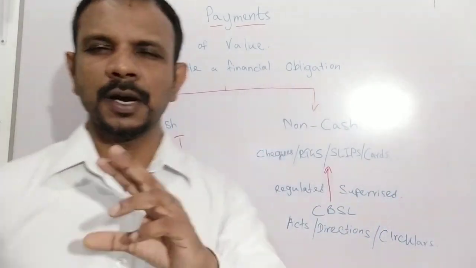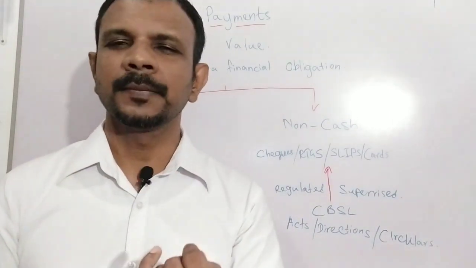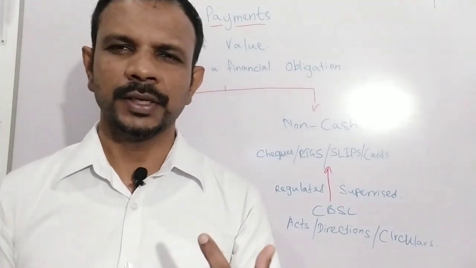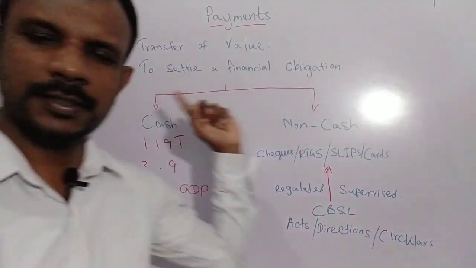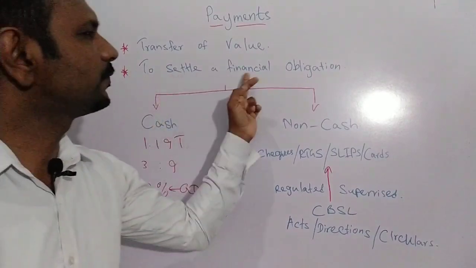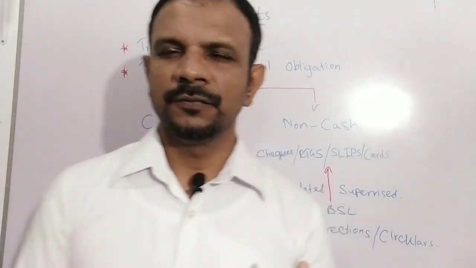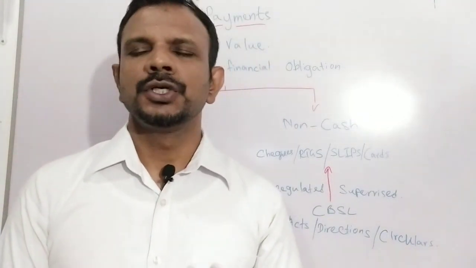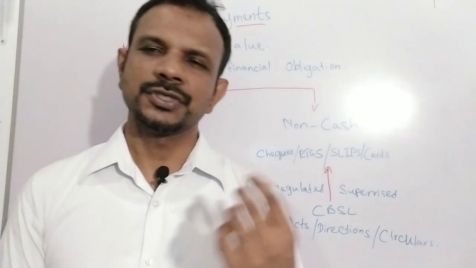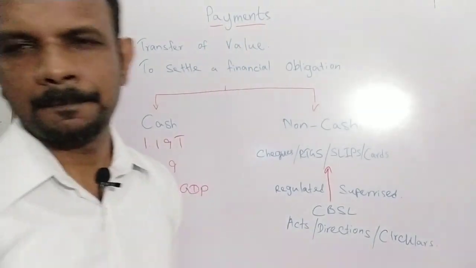That party could be a country, a company, an individual person like you and me, or a bigger organization like banks as well. So one point is it is a transfer of value, and the other thing is there's a financial obligation behind that. Simply, we settle payments to fulfill a financial obligation like a purchase of goods or services. That is the main purpose behind making payments.